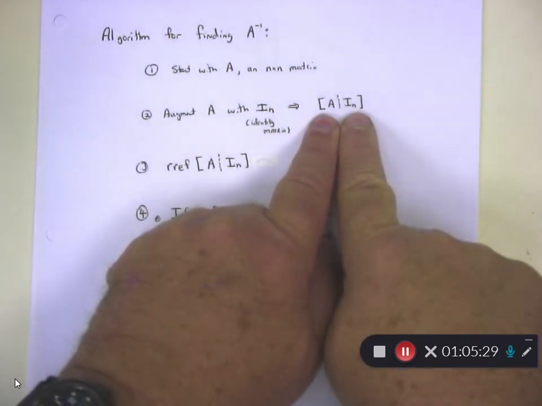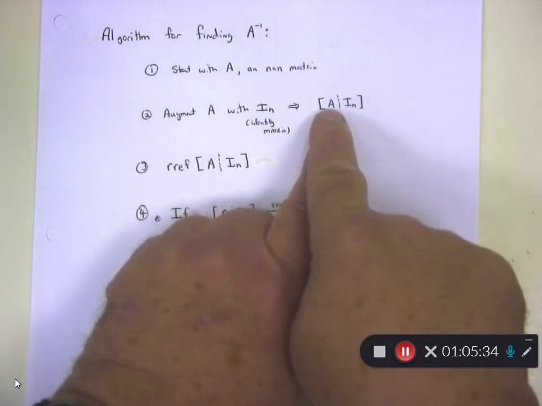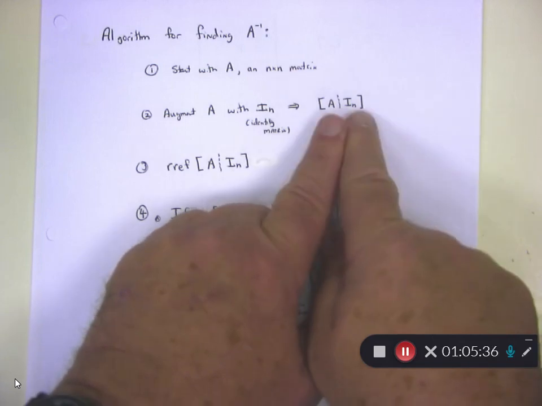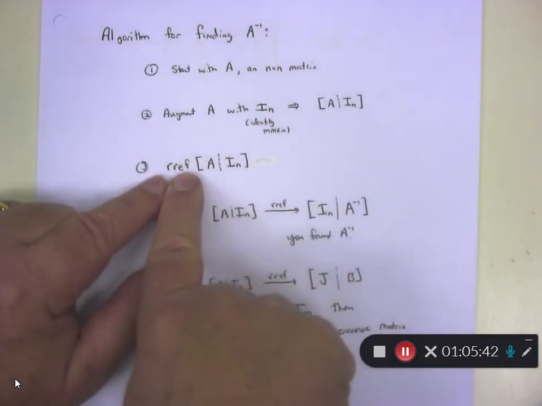Then this is going to be a very long matrix. So if this A is 3 by 3, the identity is 3 by 3. When you augment it, you're going to end up getting a 3 by 6. Then you do reduced row echelon form.